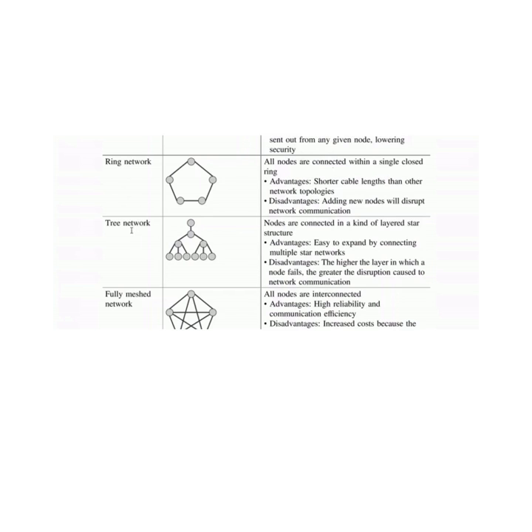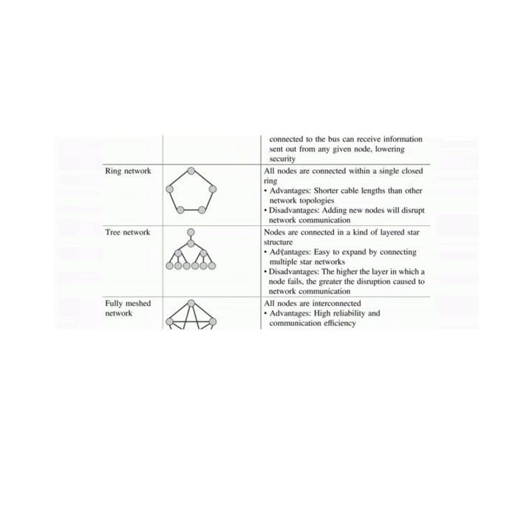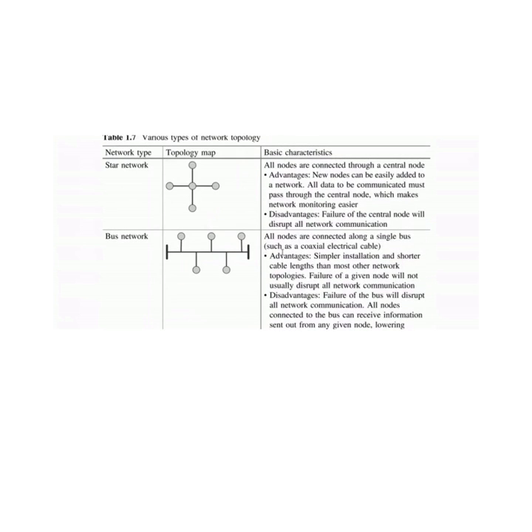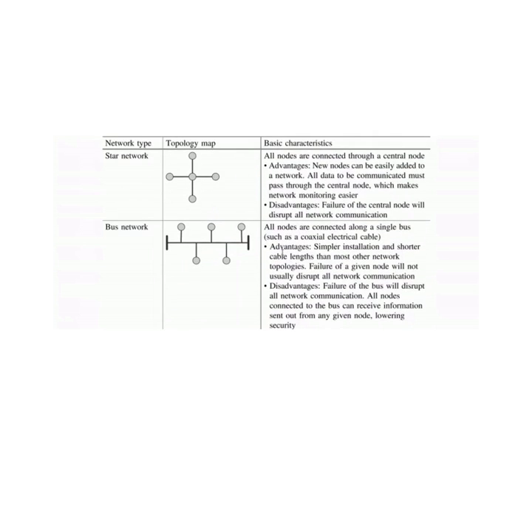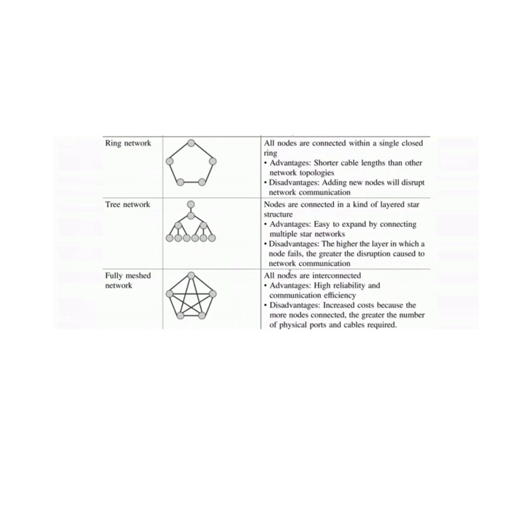Then we now have what is called tree topology. The advantage of the tree topology is that it's easy to expand by connecting multiple star networks. We have the star topology here, if you can still remember, at the top. Then when you come to the bottom, we have this star, one star, two star, and you can connect more stars by just connecting a cable to this place and creating another star here.